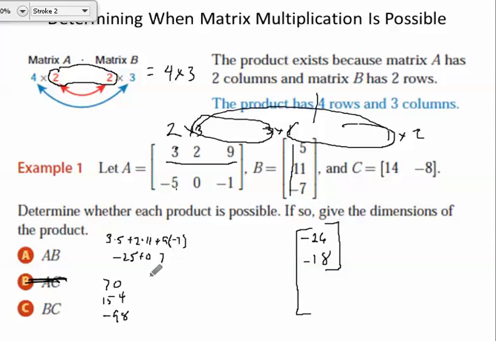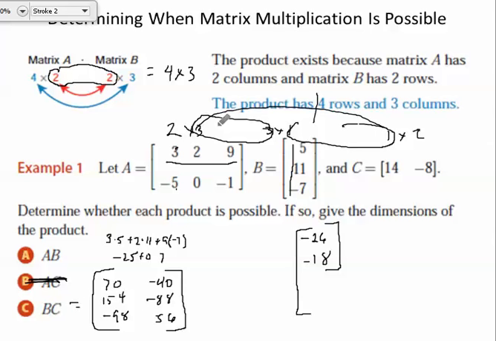So let's go to the second column there. 5 times negative 8 is a negative 40. 11 times negative 8 is a negative 88. And negative 7 times negative 8 is 56. And what do we got? A 3 by 2 matrix. That's what we get when we multiply these together.